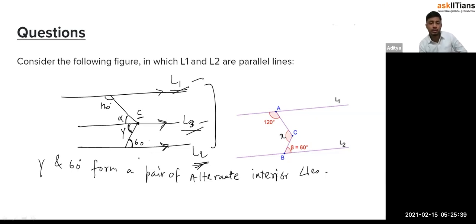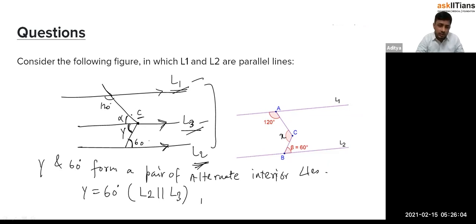So using the theorem, we can say gamma would be equal to 60 degree, because the reason is L2 is parallel to L3, and whenever there are two parallel lines, alternate interior angles will be equal to each other, right? Now similarly, we also know that the sum of interior angles on the same side of the transversal is equal to 180 degree. So if this is a transversal, and these two are parallel lines L1 and L3, these are interior angles on the same side of the transversal, then their sum must come out to be 180 degree. What is the reason?